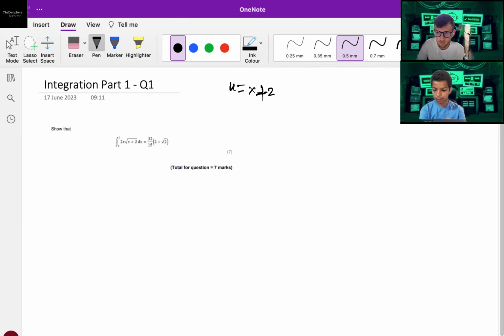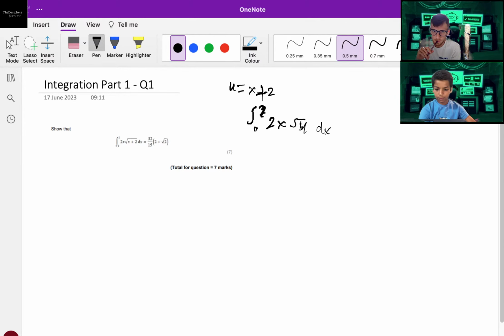then it would be the integral from 0 to 2 of 2x root u dx.